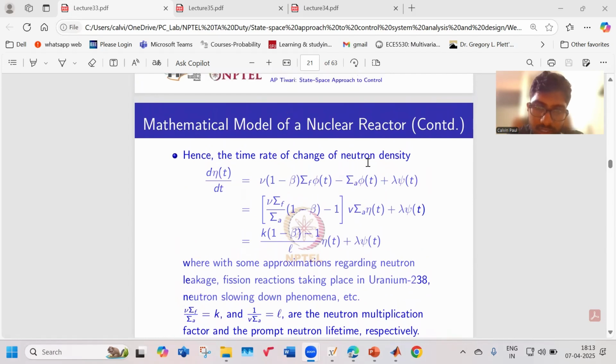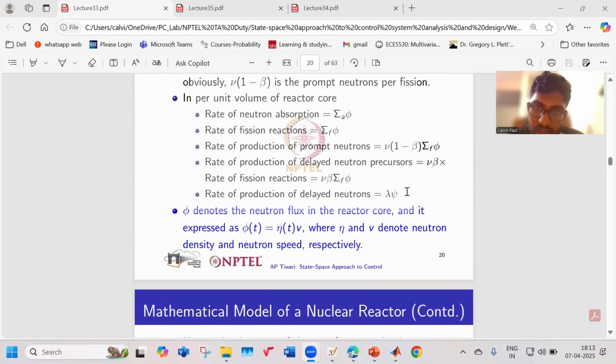So what is the time rate of change of neutron density? It is mu times (1 minus beta) times the fission reactions, minus the rate of absorption, plus lambda times phi of t. Okay, lambda times phi of t is the rate of production of delayed neutrons.